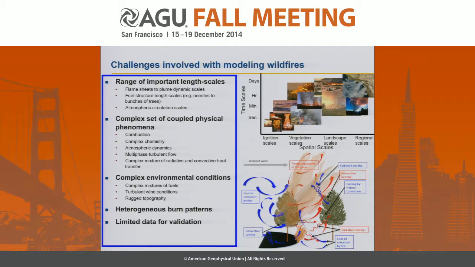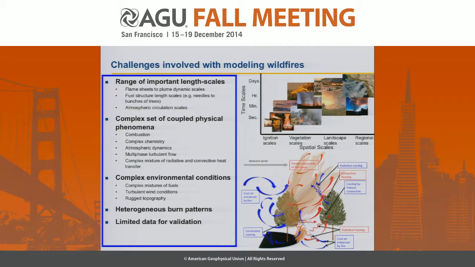So, modeling wildfires, for those of you who haven't done a lot of it, there's a number of things that make it very, very difficult. First of all, you've got a huge range of length scales ranging from flame sheets up to atmospheric scales. And from a computational standpoint, that's really a rough thing to handle.